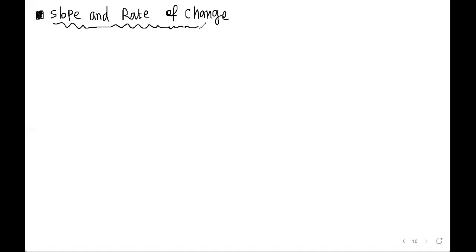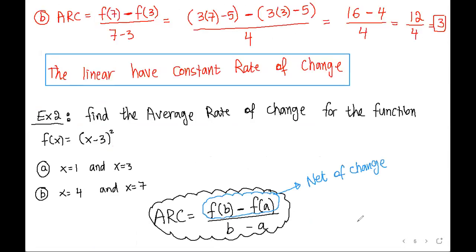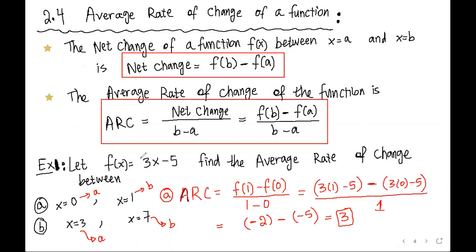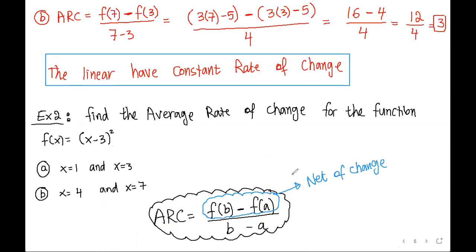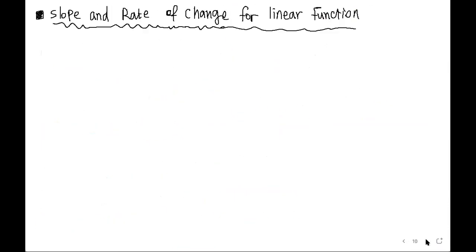What's the relation between the rate of change and slope for a linear function? Like I said in the previous section, the average rate of change. After we did the example for the linear function, I said the average rate of change is constant, the same as the slope. So the slope and the rate of change of the linear function are exactly the same.